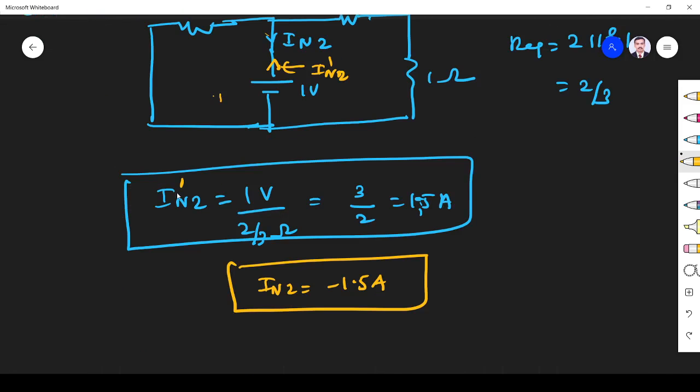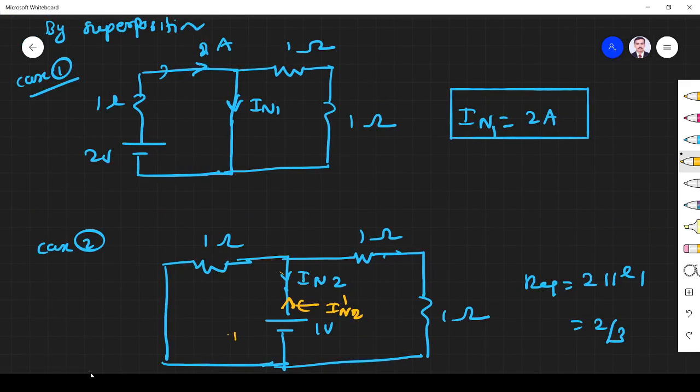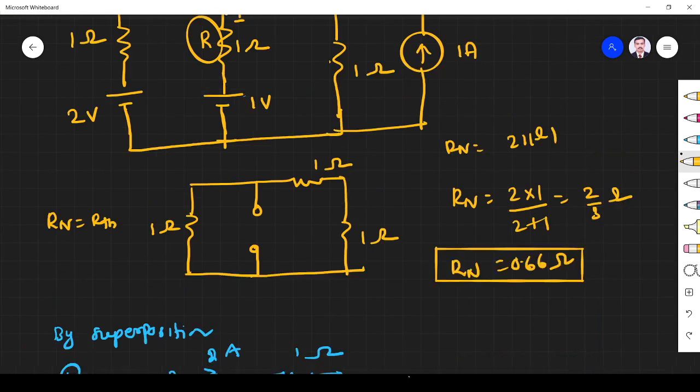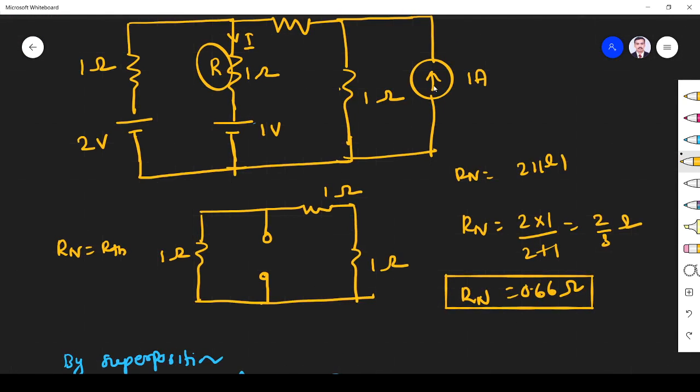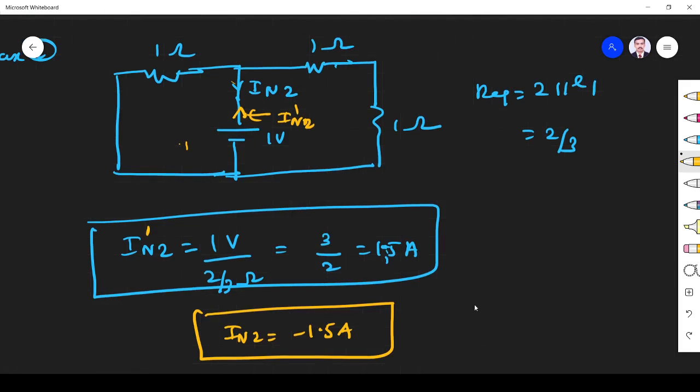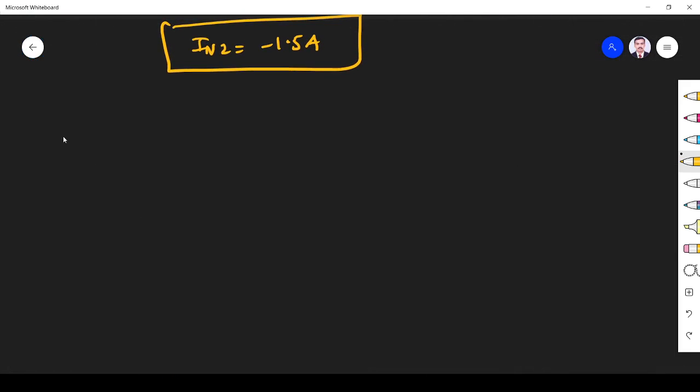Okay, next what I do, I keep the third source active, other two sources inactive. That means I keep this 1 ampere active, this I short, this I short. So this terminal will also be shorted because I want the short circuit current. So totally this is short, this will be 1 ohm, these 3 resistors will be there. So the circuit will be like this.